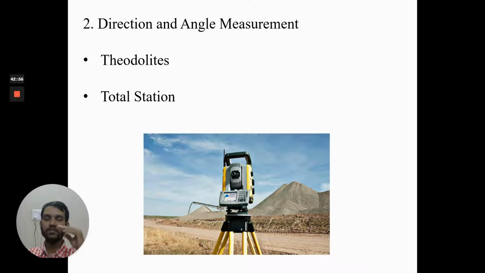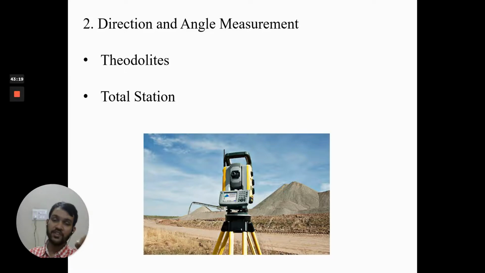If our line of sight is inclined with respect to horizontal, then the readings will not be exact. If your line of sight is inclined below, then the reading will be much smaller than the actual reading, so you won't get the actual dimension. So for that you need to level your instrument.